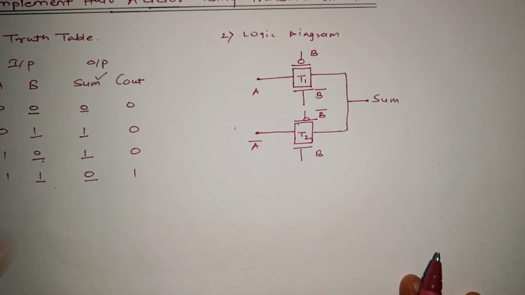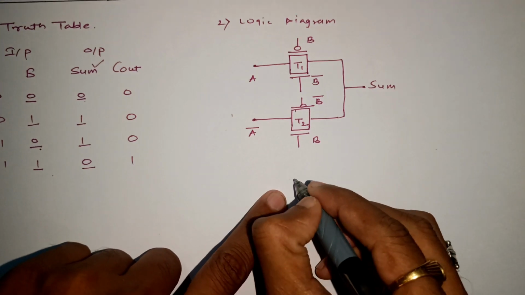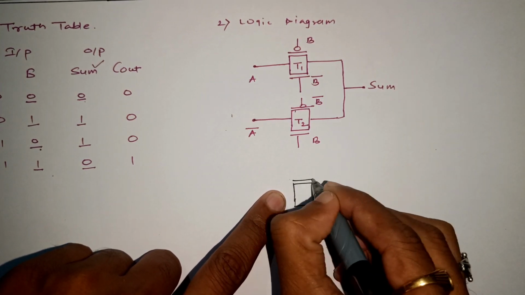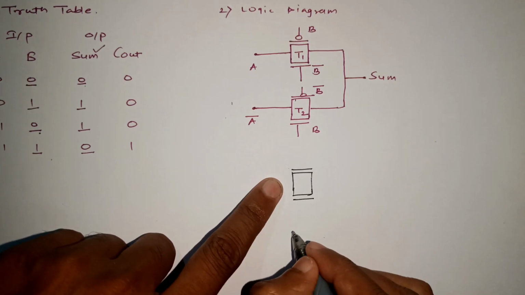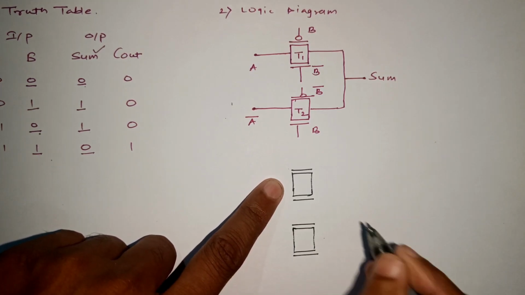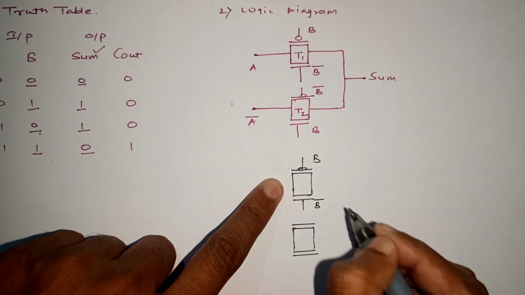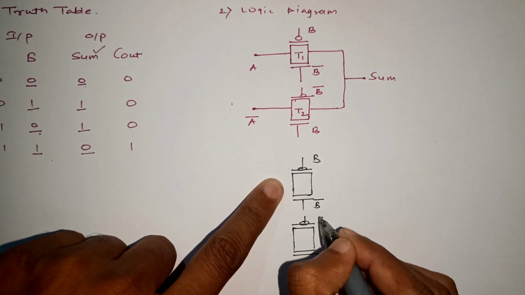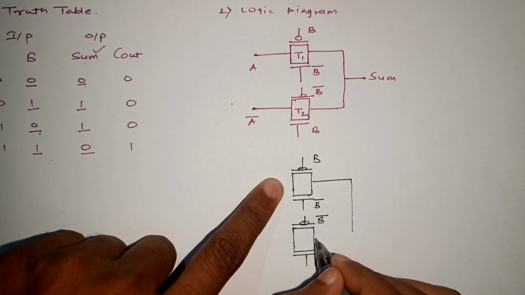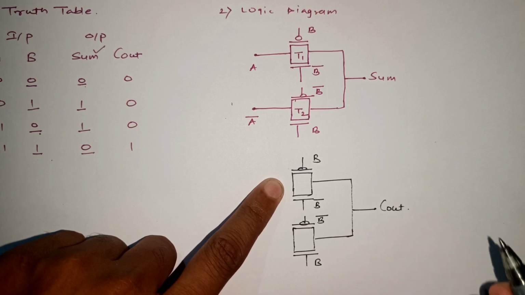Now let us come to the carry. Again, we'll draw a set of two transmission gates. Here again the same scenario: this is B bar and this is B. Let's short these two terminals, and this is our C out.